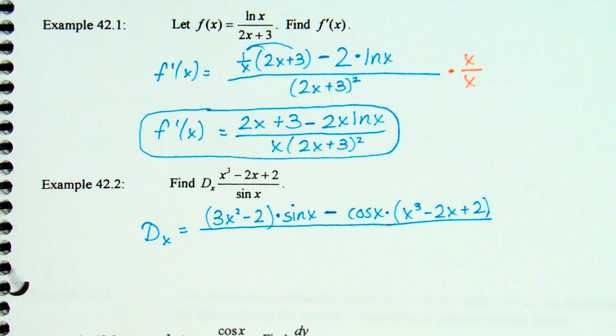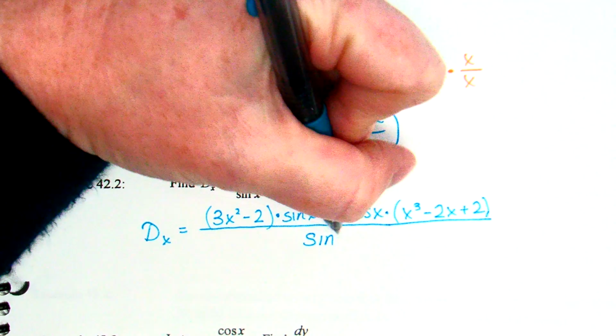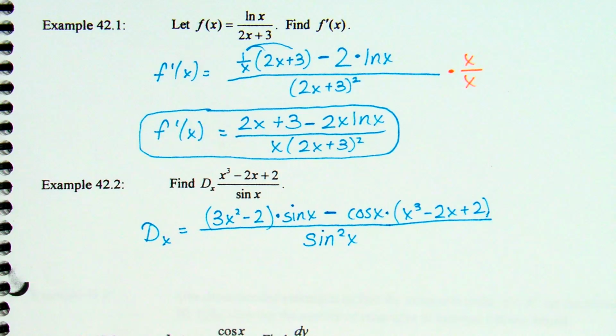All over sine squared x. I'm going to write it as sine squared x. The other option would be sine x in parentheses, with the squared outside the parentheses. Do not just write sine x squared without any parentheses.